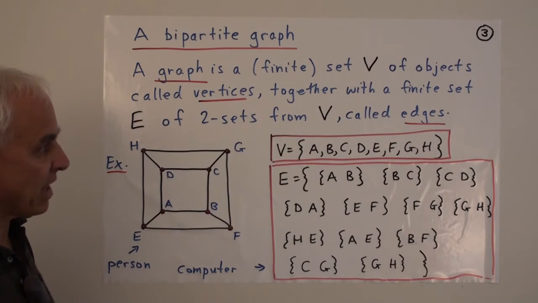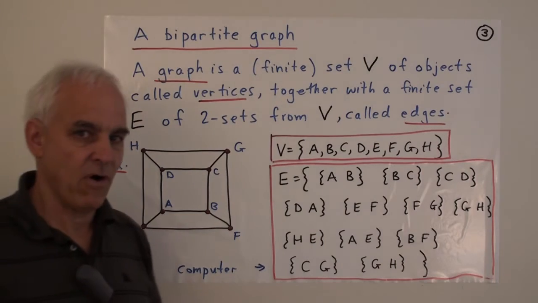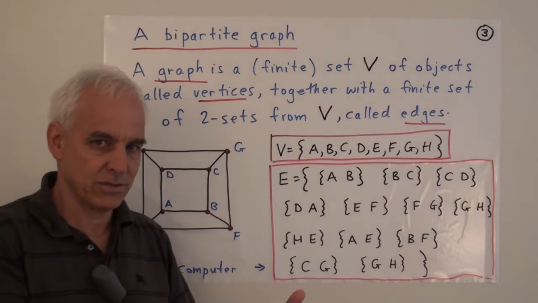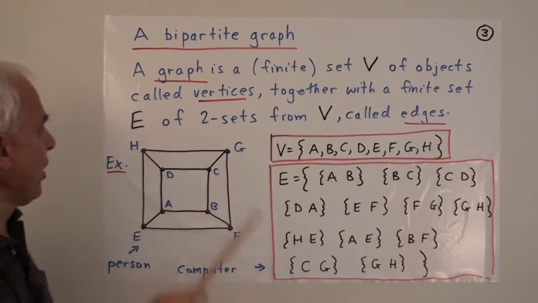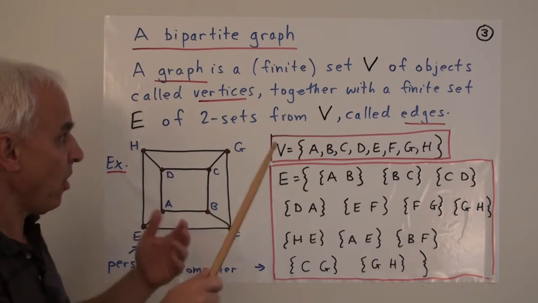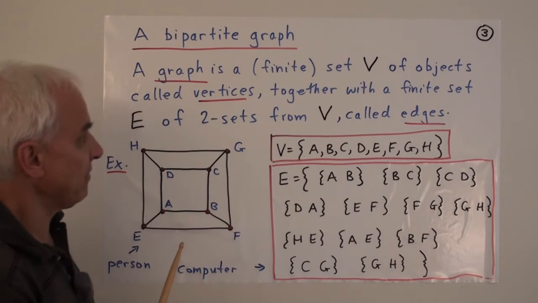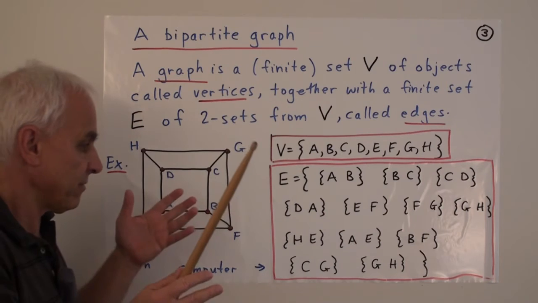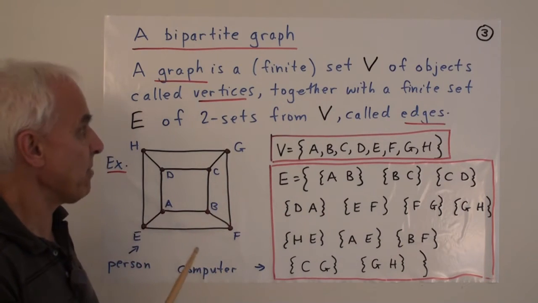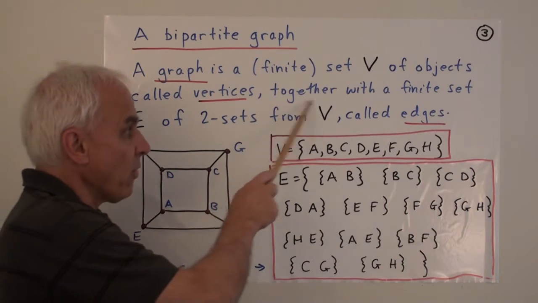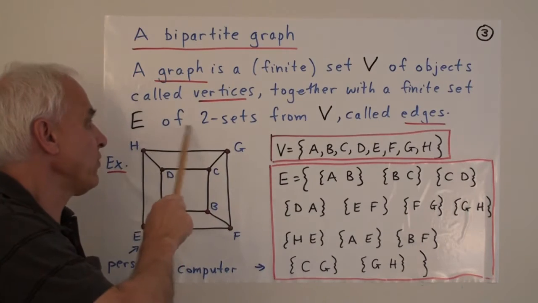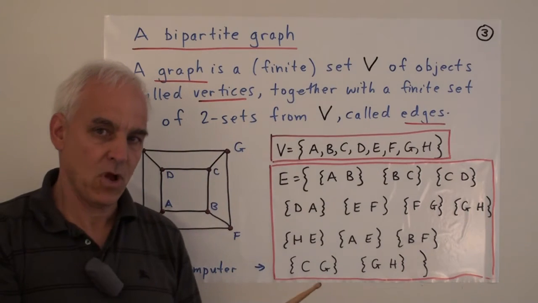And when I say objects, I mean mathematical objects that we've already established, called vertices. So we're going to call the elements of this set V vertices. And they're just abstract objects of some kind or another, together with a finite set E of two-element subsets of V, called edges.